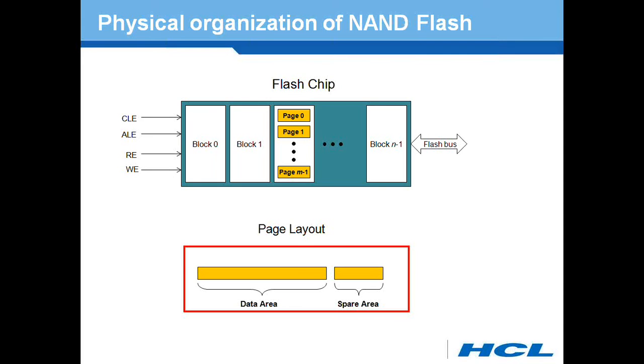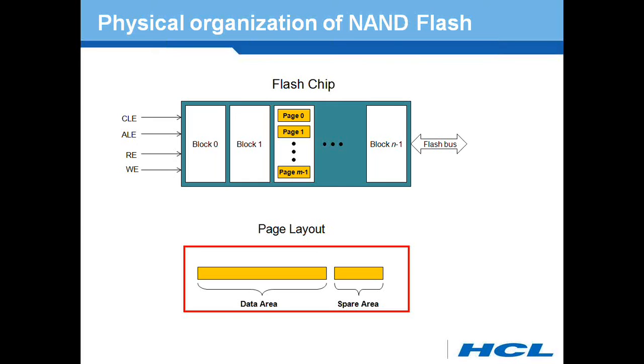NAND flash doesn't have any dedicated address pins. The flash bus protocol along with the other control pins are used to handle the address, data and command bytes. During any read or write operation, the data which needs to be transferred to the flash is first kept in the flash bus.